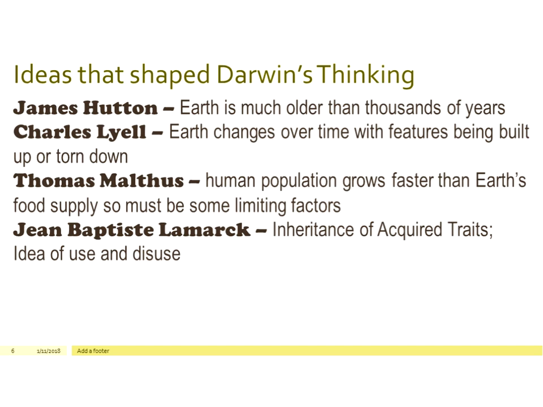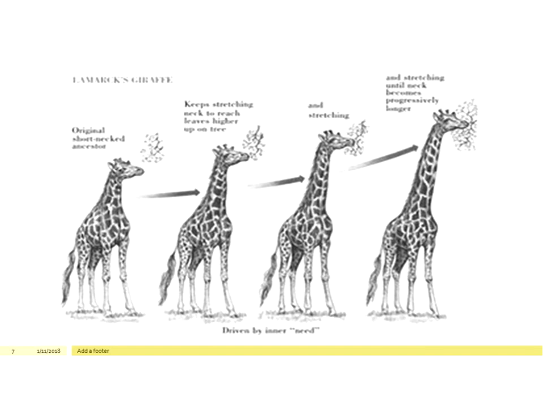But his idea that traits were needed for certain things and that we would develop them did give a leeway into Darwin's idea of traits being necessary for survival. So here's just an example of Lamarck's giraffes.